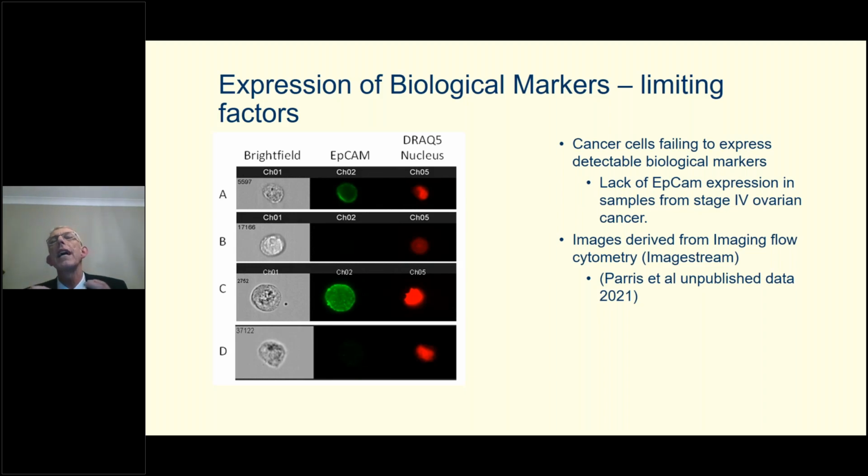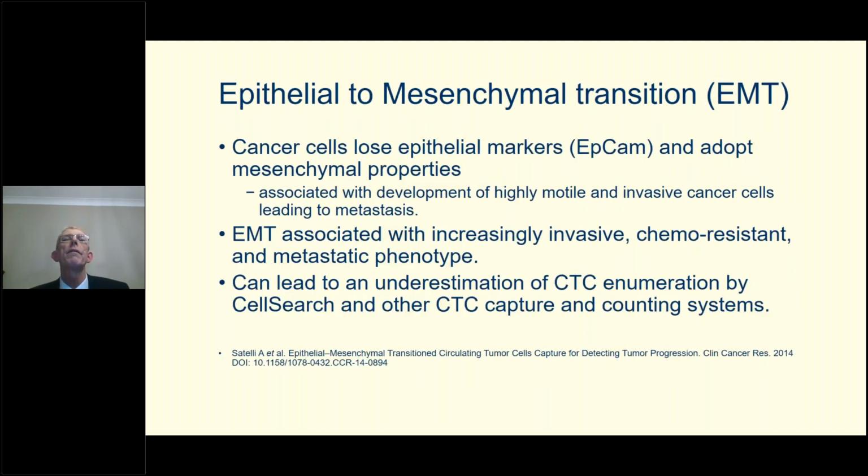So there's the whole tumor heterogeneity issue that we have to deal with, and the heterogeneity in the expression of specific tumor-associated biomarkers that we might use for CTC capture. And then there's the whole concept of epithelial to mesenchymal transition. Many cancer cells, as they develop further, will lose some of their epithelial markers and adopt mesenchymal properties or non-carcinoma type properties.